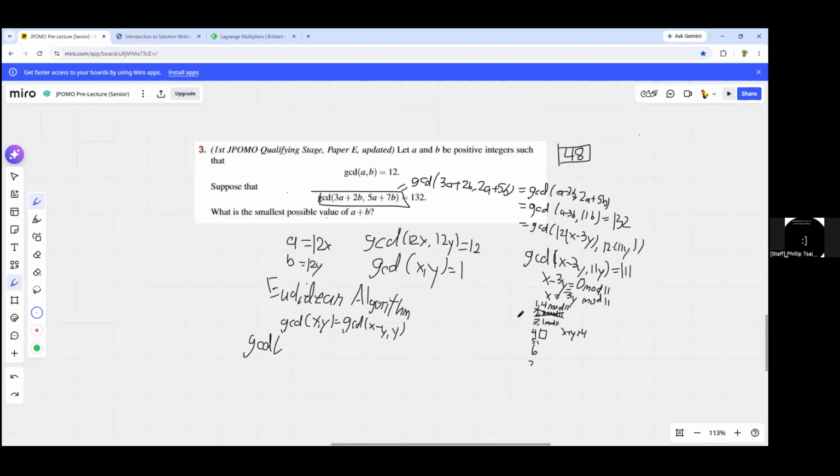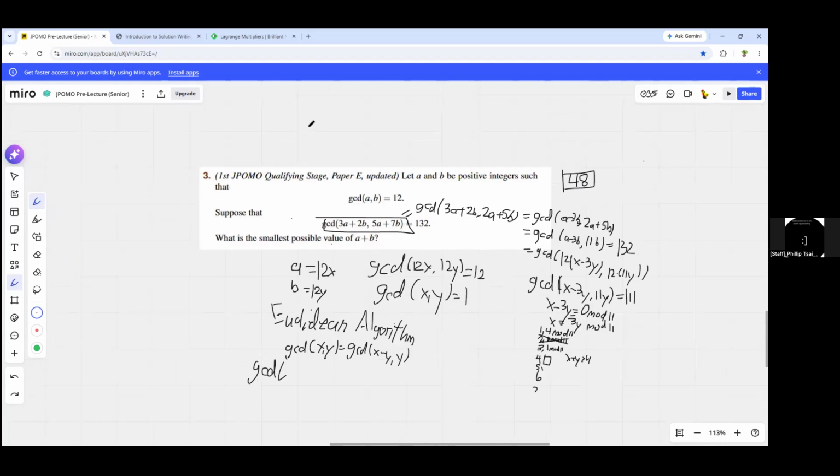And actually, I think it'll be helpful for us to plug in the values here. So for example, in this case, a is equal to 36 and b is equal to 12, right?